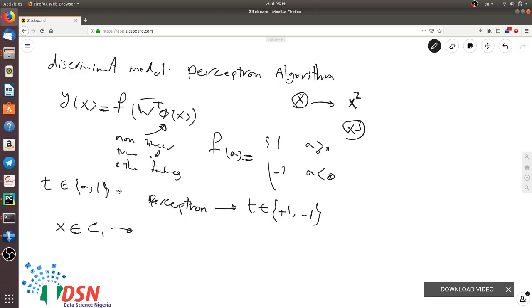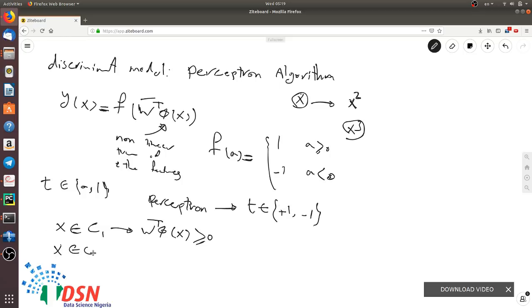So if we have x which belongs to class 1, then we want this greater than 0. In this case the output will be 1, and it is great for us.